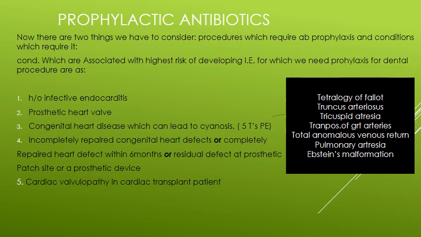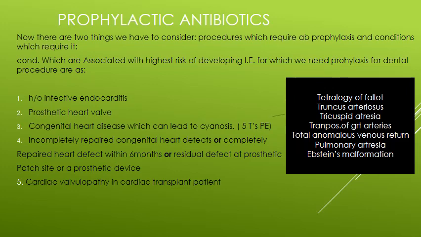Another is residual defect at prosthetic patch site or prosthetic device. If the repair has been done but still there is some residual defect, then you will choose this option. So in short, when you have congenital heart diseases, these certain conditions, 5 Cs, and it is incompletely repaired or not at all repaired, you will choose antibiotic prophylaxis.